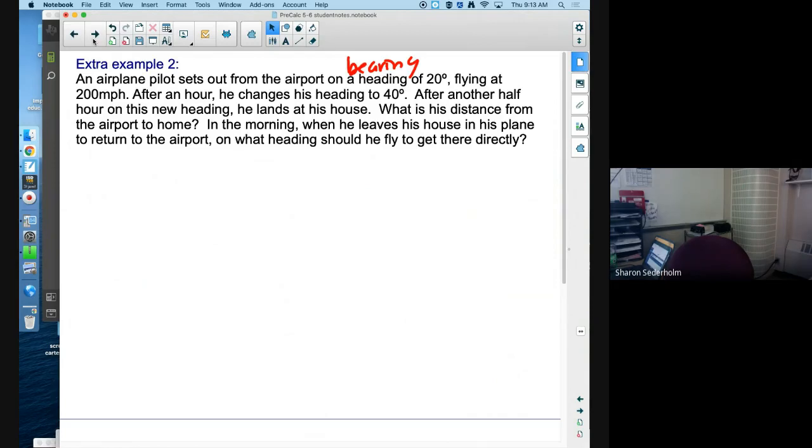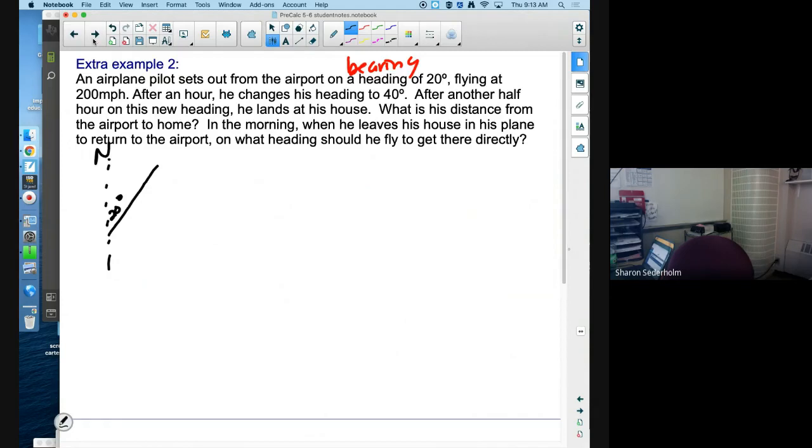All right. So here's where we start. An airplane sets out from the airport on a heading of 20 degrees. So here's my due north. And the plane is heading this way, 20 degrees from due north. Now, I want to just focus on the angles first, then we'll come back and talk about those distances.